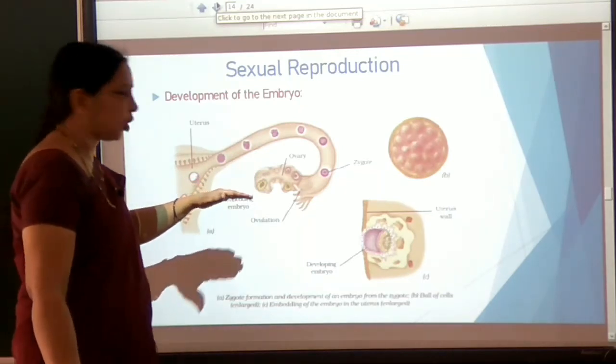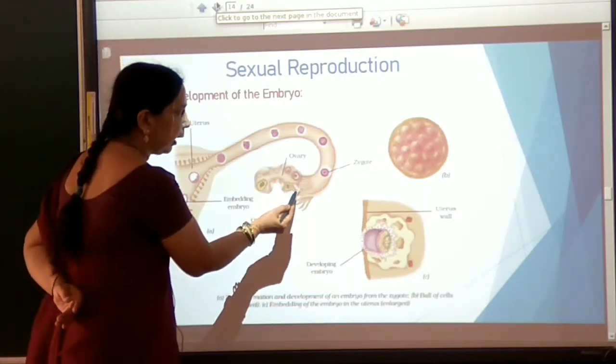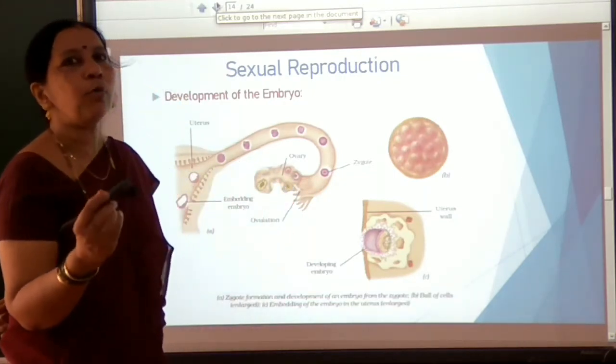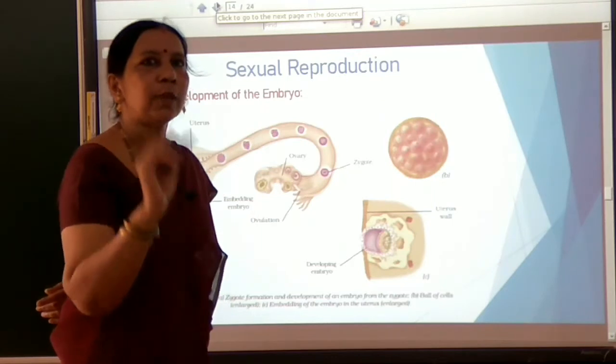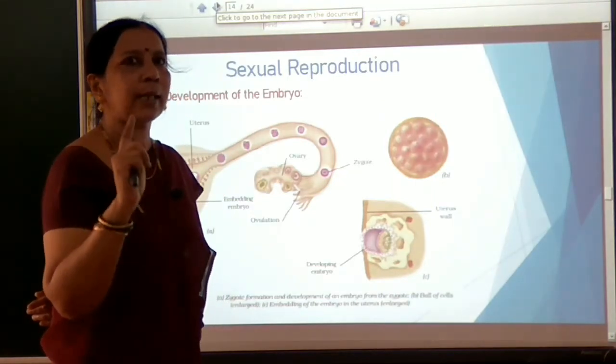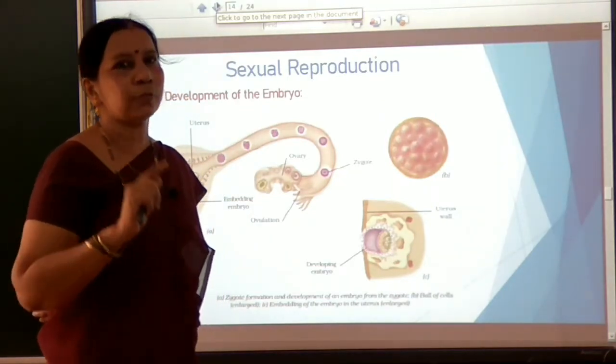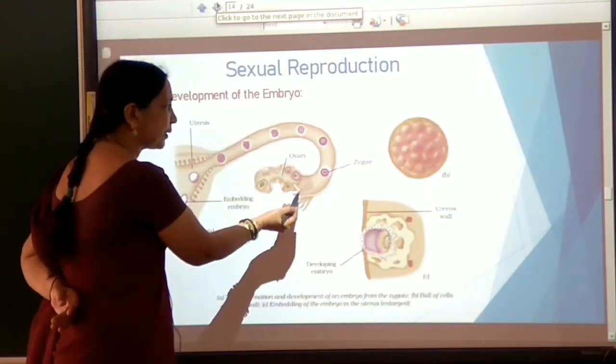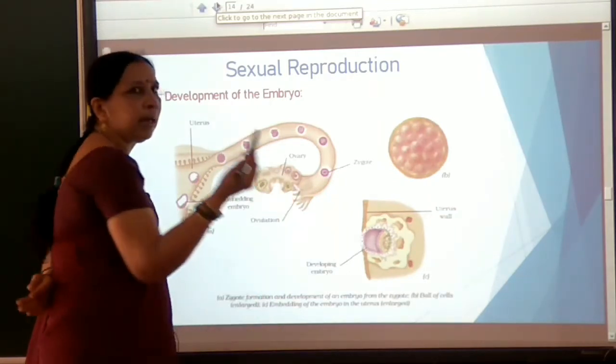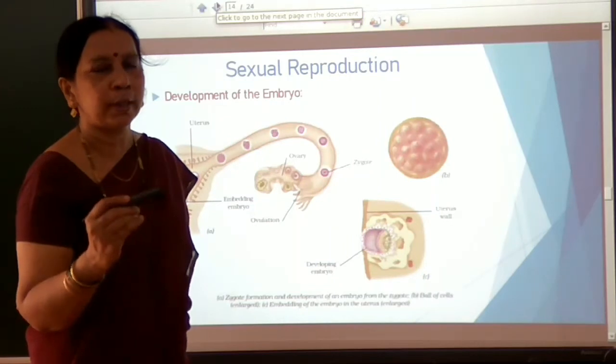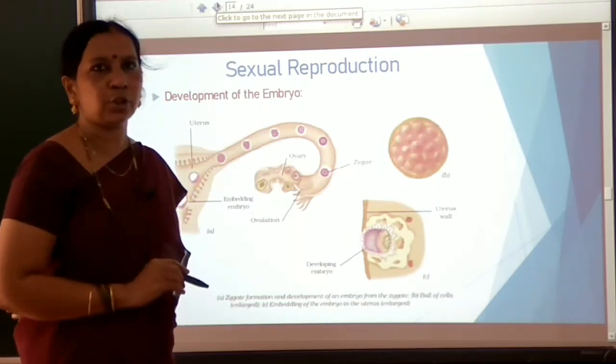Let us try to understand how the development takes place. Observe this picture. Every month, as I said, the ovaries produce eggs. Every month, one matured egg is produced from one of the ovaries. This process of release of a matured egg from the ovary is called ovulation.